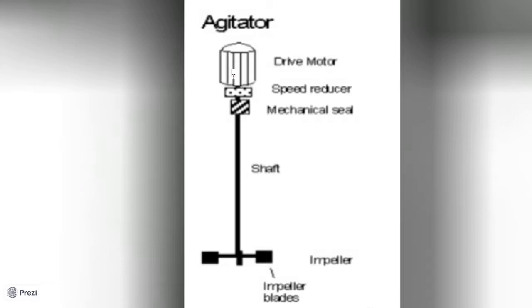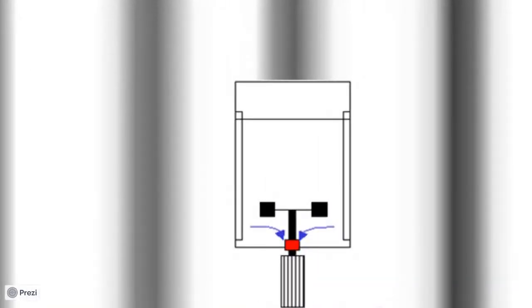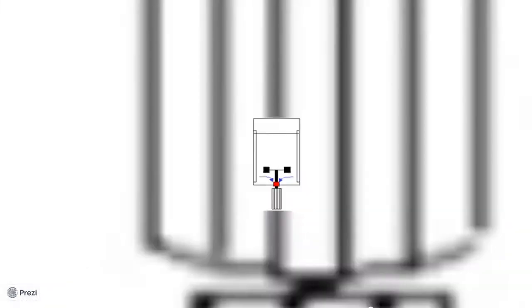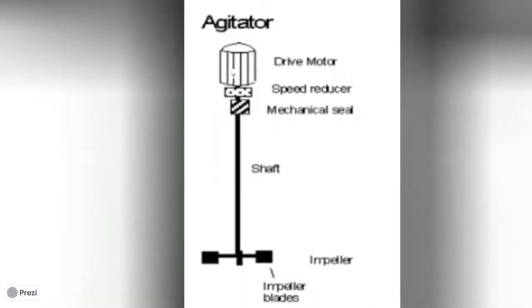In certain cases, the agitator will be led into the reactor from the bottom, wherein there are chances for the particles to settle at the bottom, leading to contamination issues, so the most preferred option is mounting the agitator from the top.